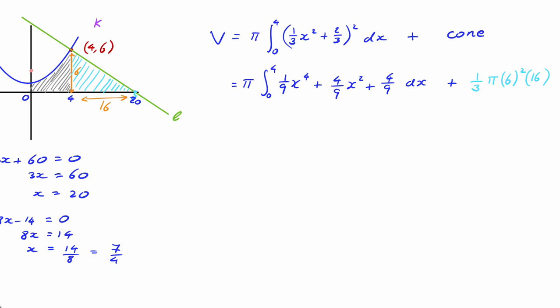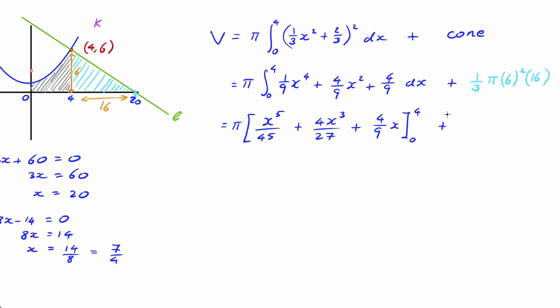Okay, this then becomes pi times, I need to integrate this. So it's x to the 5 over 5 times 9, which is 45, plus 4x cubed over 27, because I raise the power to 3, divide by 3, gives me 27, and this is just 4/9 x, and this goes from 0 to 4.